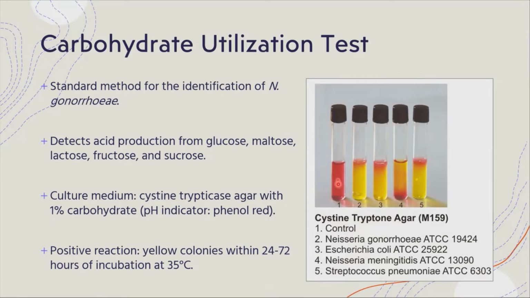This is the negative control, so it should not change color. In this second tube, what we inoculated through stabbing is Neisseria gonorrhoeae, ATCC 19424. In here, Escherichia coli. Our Enterobacteriaceae also utilize carbohydrates, that's why they will also be positive.